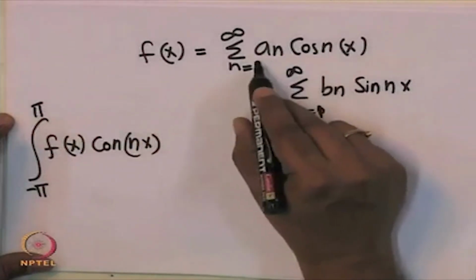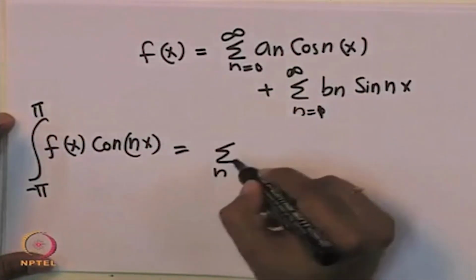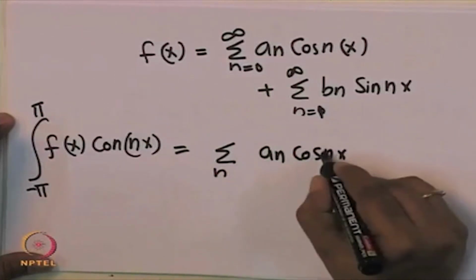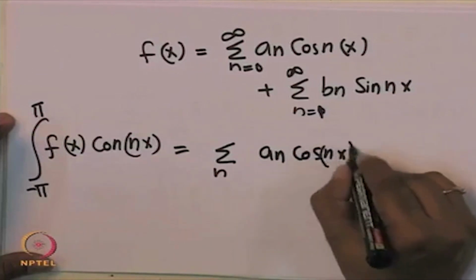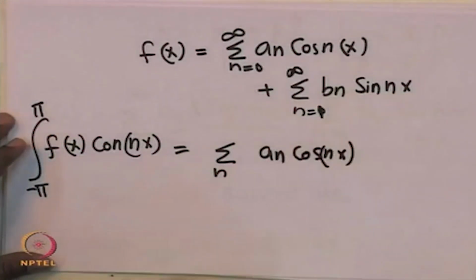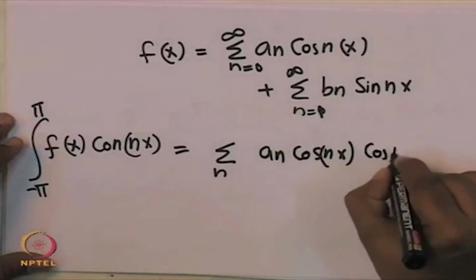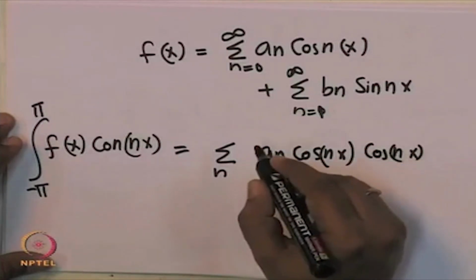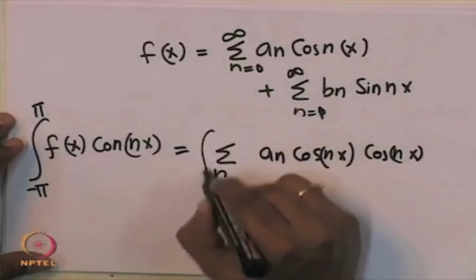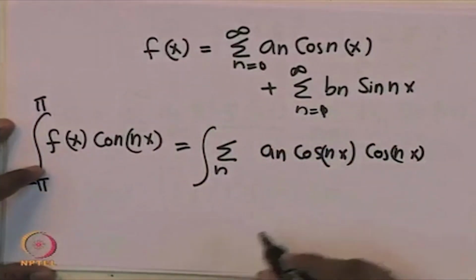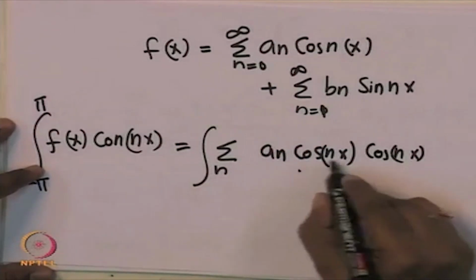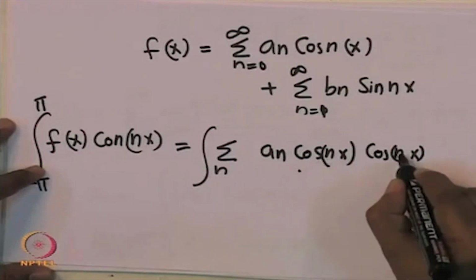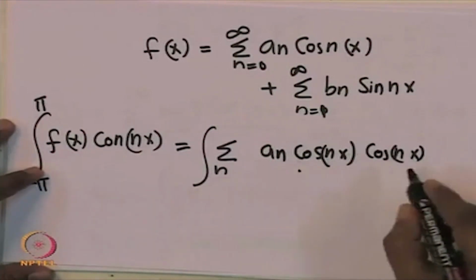What you get here is the sum over n of a n cos n x, multiplied with cos n x here, and you integrate. So, this is what you do. And so, what happens? What do you get? You have an integral of cos n x, for a particular value of n. So, you have to do this properly.